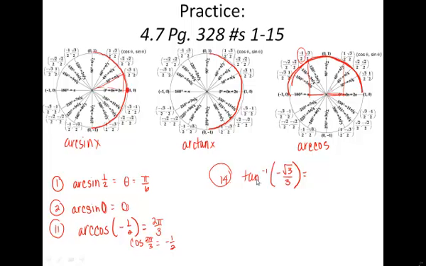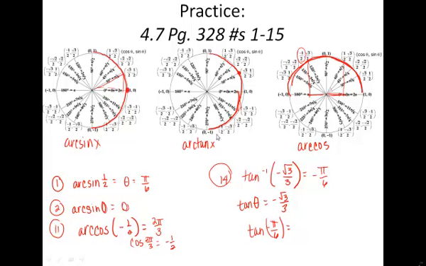So our answer is going to be some sort of angle that when we took the tangent of it, we got the negative square root of 3 over 3. This is going to possibly take some guessing and checking, but what we had done was that pi over 6 gave us the positive square root of 3 over 3. So let's check this angle right here, negative pi over 6. Tangent of negative pi over 6 is the same thing as the value in 11 pi over 6.